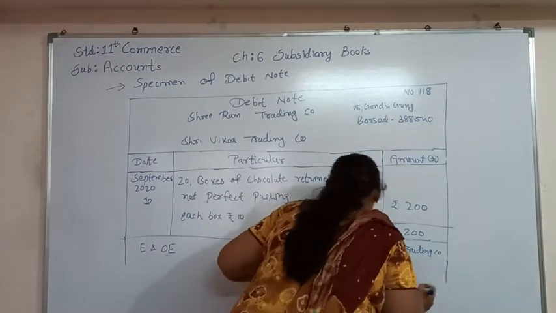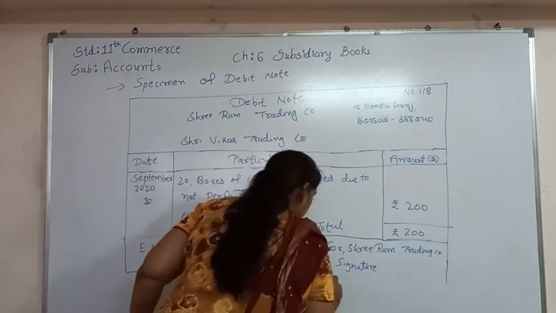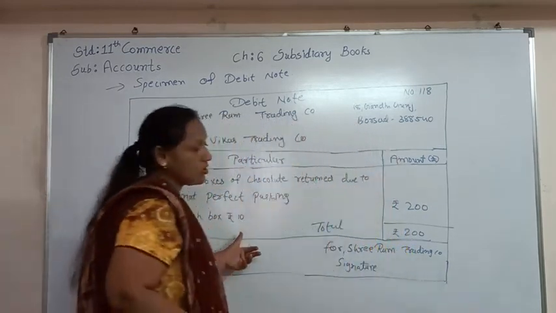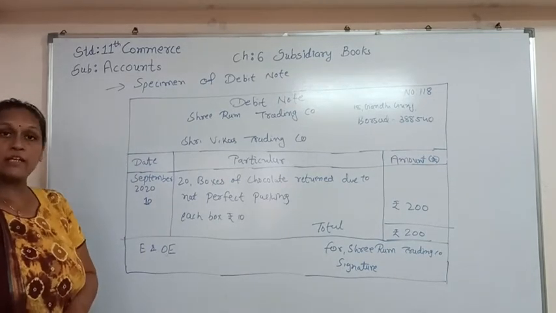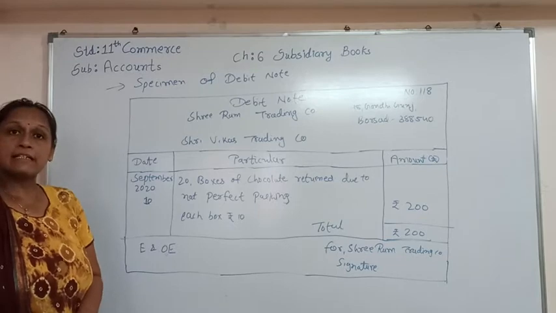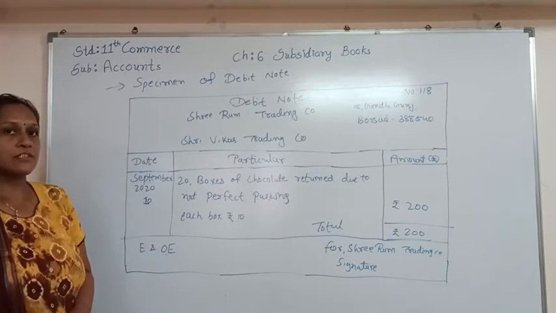So this is called a debit note. Students, you may note this down. Then we are going to see the types of sales return book, and again the credit note, that we are going to see next.